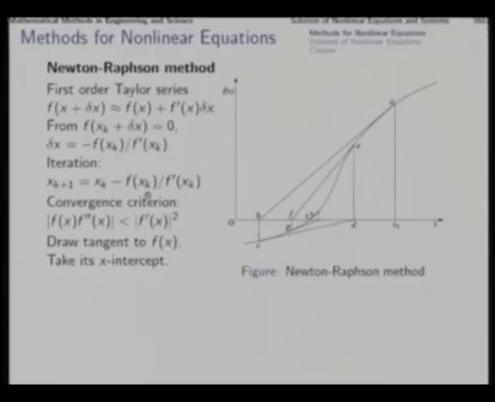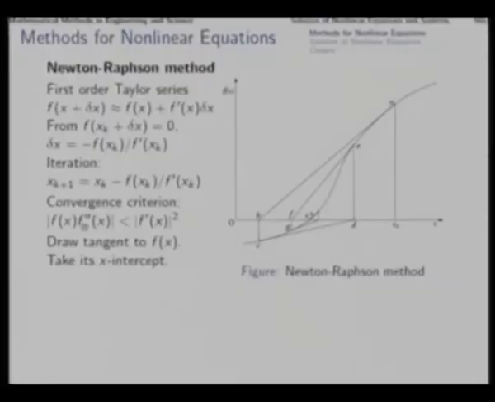If you examine this formula carefully, you will find that this is one way of writing x equal to g x. On the left side you have the next value of x, on the right side you have an expression of the current value of x. Now, for that g x, if you work out the same convergence requirement as the fixed point iteration formula, then you get the convergence criterion to be this.